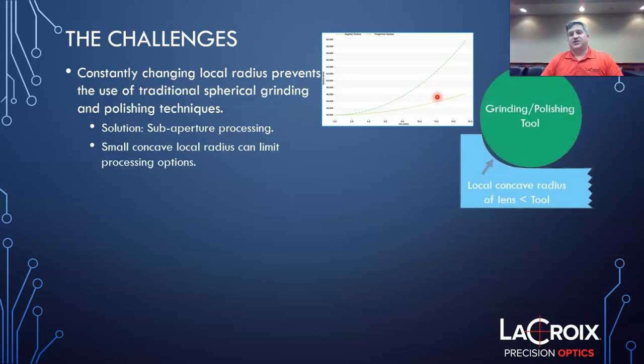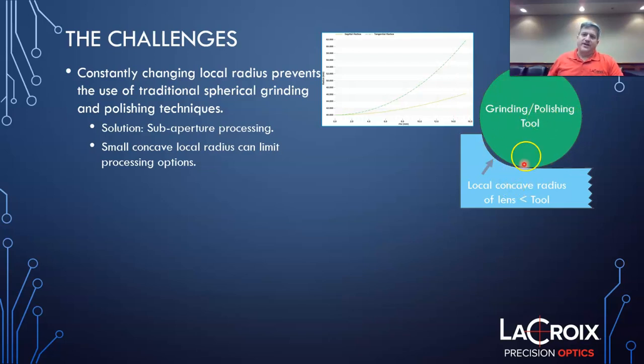One of the challenges this brings, though, is you can have local radius issues. You saw in some of those aspheres on the previous slide, you had some pretty nasty curvatures at the edge, concave curvatures. And if you imagine here you have your asphere, really tight curve, and this could not necessarily be at the edge, it could be anywhere in the part. And you have your grinding or polishing tool, which has a certain geometry to it.